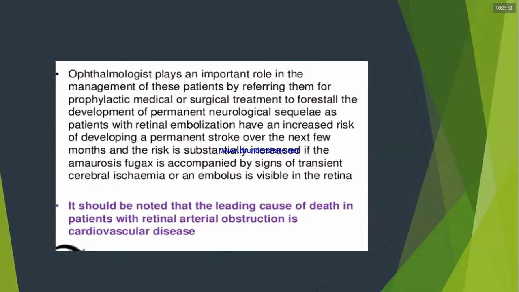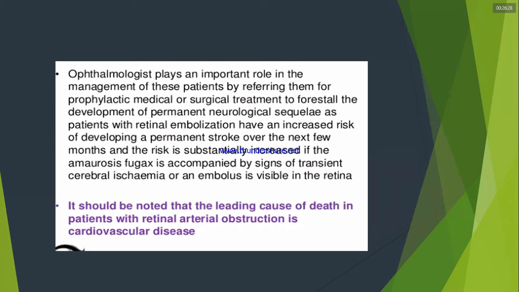The ophthalmologist plays an important role in the management of these patients by referring them for prophylactic medical or surgical treatment to forestall the development of permanent neurological sequelae, as patients with retinal embolization have an increased risk of developing a permanent stroke over the next few months. The risk is further increased if the amaurosis fugax is accompanied by signs of transient cerebral ischemia or an embolus is visible in the retina.